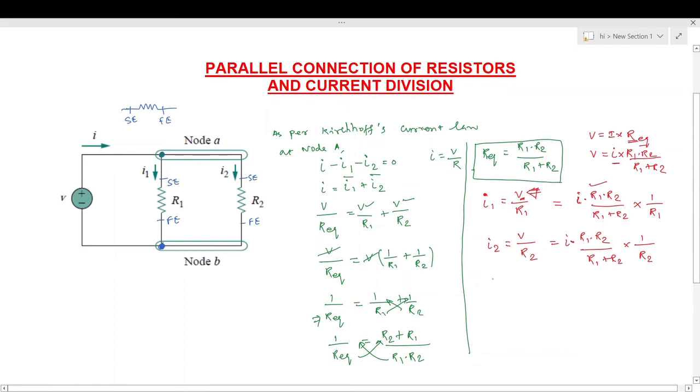The equivalent resistance of a parallel combination will be smaller than the smallest resistance in the combination.